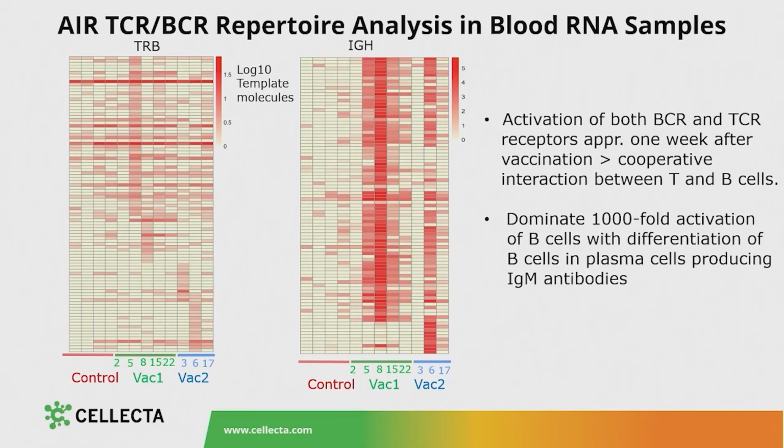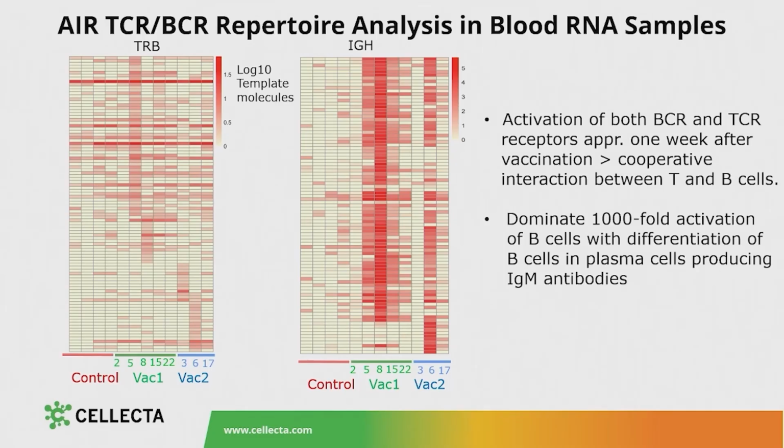It's a really very strong effect, up to 10,000-fold activation of some clonotypes. It's a combination of transcriptional activation and, at the same time, expansion of the B cells which recognize the foreign antigens of this vaccine. And definitely the majority of them are plasma cells, probably with an IgM phenotype.